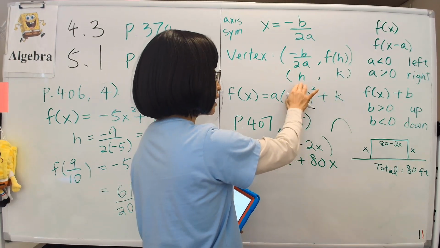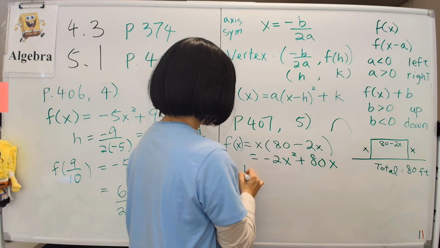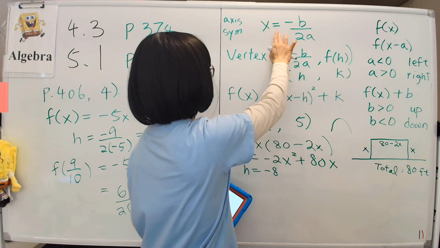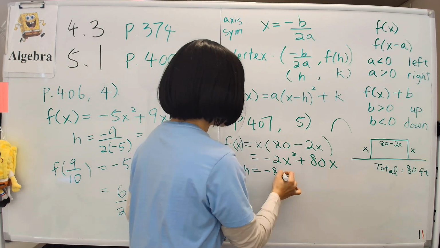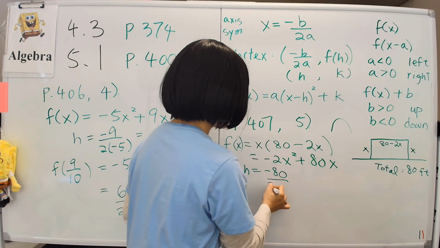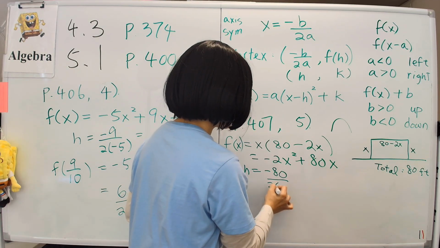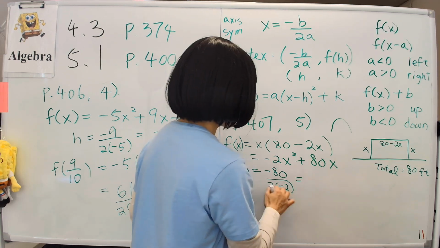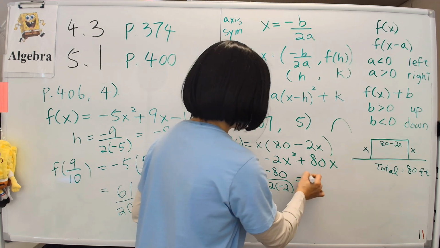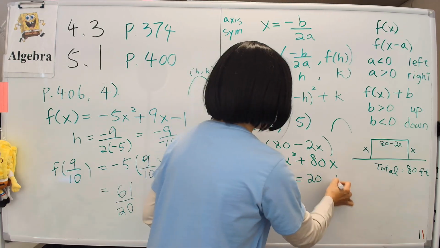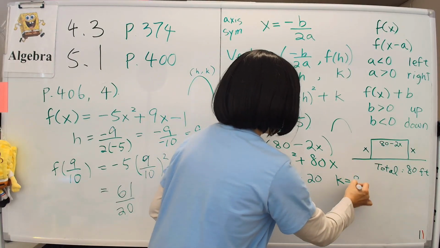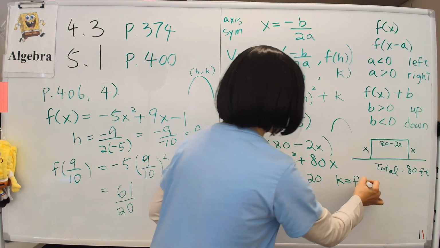To calculate k, we first calculate h. So h equals minus b over 2a, says right here, okay? So minus b over 2 times a, which is minus 2. So that equals 80 over 4, which is 20. So h is 20, which means k equals f of h, f of 20.